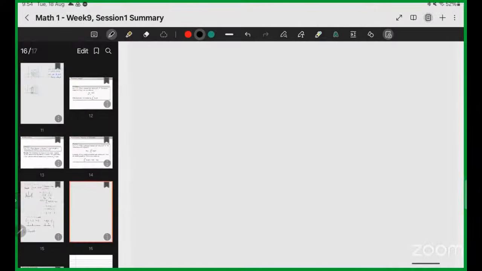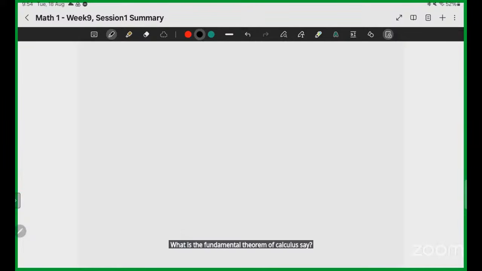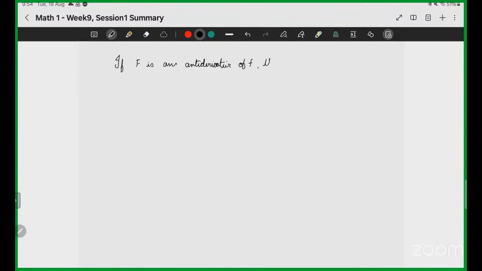But now let us try to do it simply using the fundamental theorem of calculus. What does the fundamental theorem of calculus say? It says if F is an antiderivative of f, then the integral, in this case, I'll write the specific function itself, is F of b minus F of a, in this case, b is equal to 1.